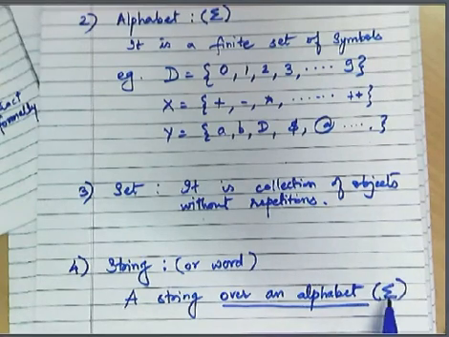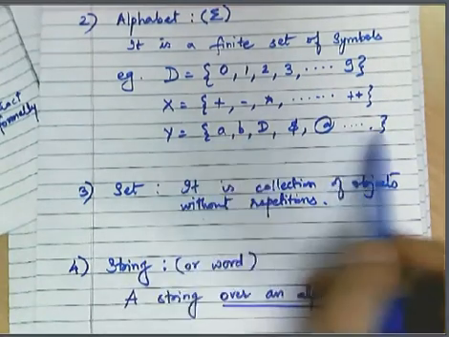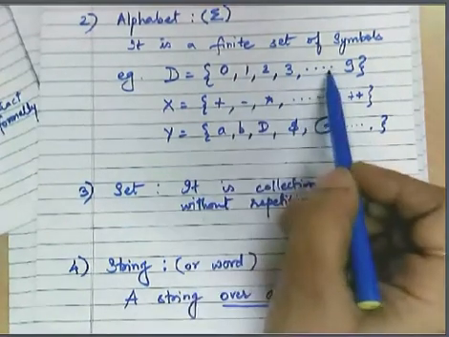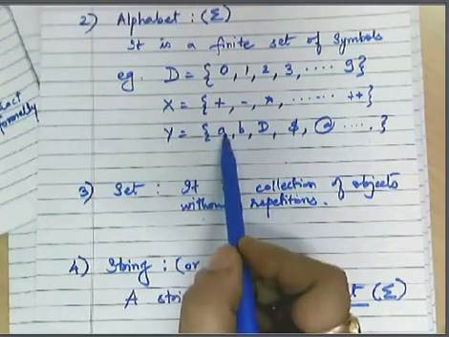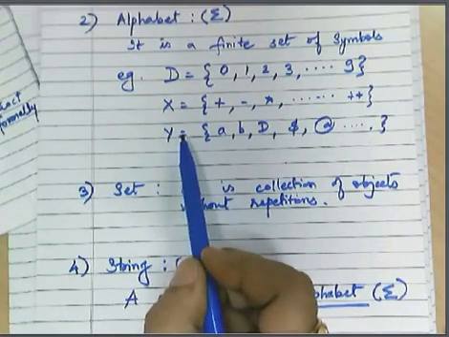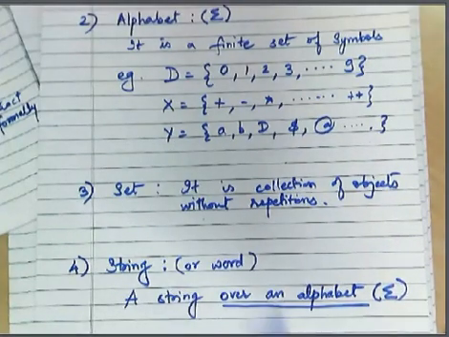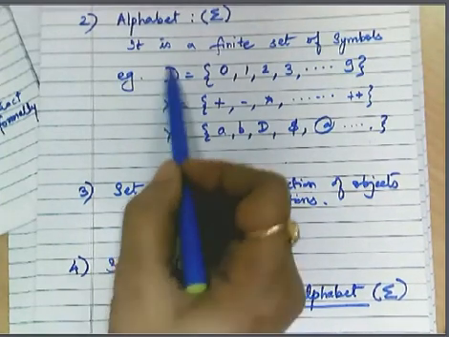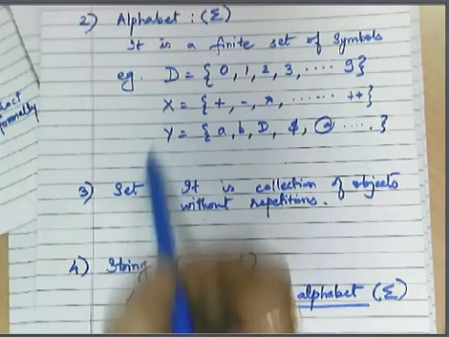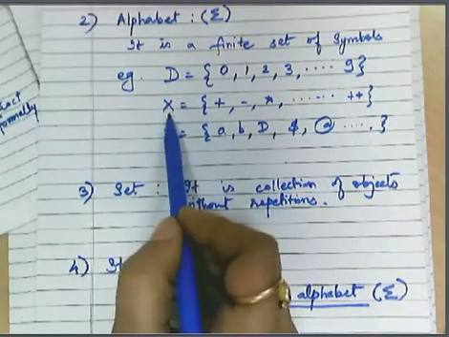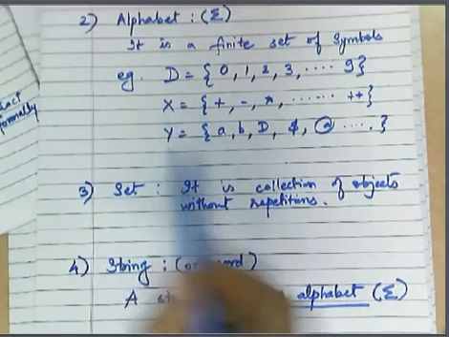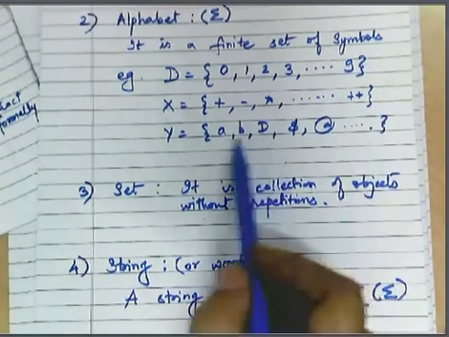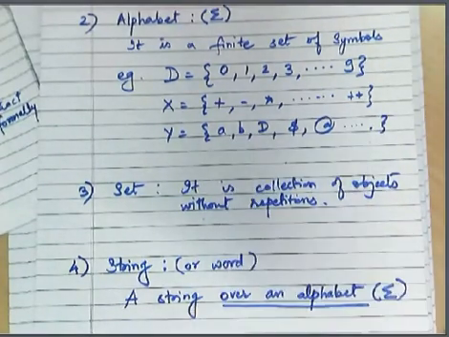So we can form a string from this set only. I cannot use any other symbols to define a string over an alphabet. This is one alphabet, this is another alphabet, and this is another alphabet. If I want to form a string, I need to use only symbols which are available in this alphabet.